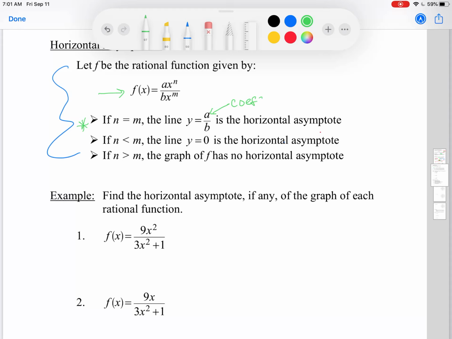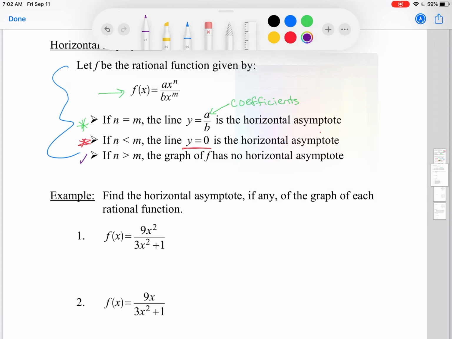Notice the letters a and b are the coefficients in front of my x variables. In this second one, if n is less than m, so we're talking about the exponents, then the line y equals 0 is the horizontal asymptote. Doesn't matter what n or m are, as long as n is less than m, then I have y equals 0 as the horizontal asymptote.